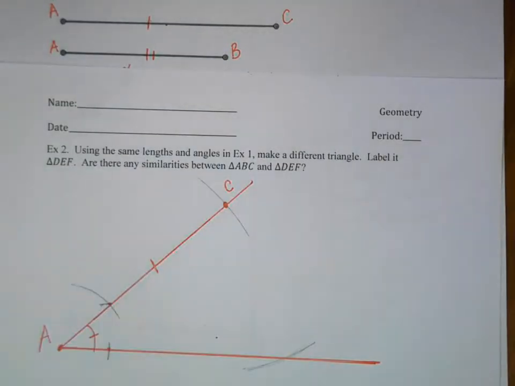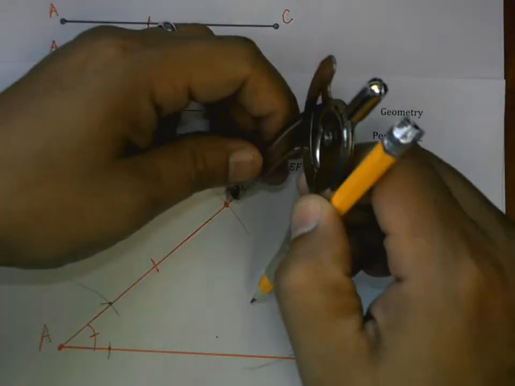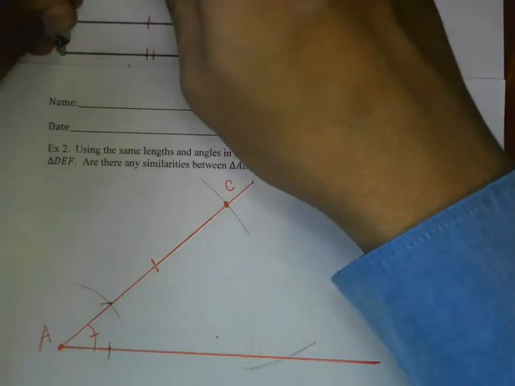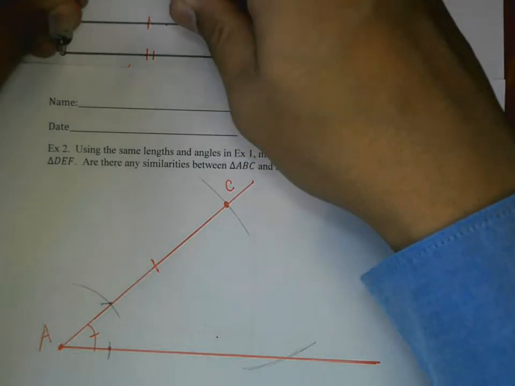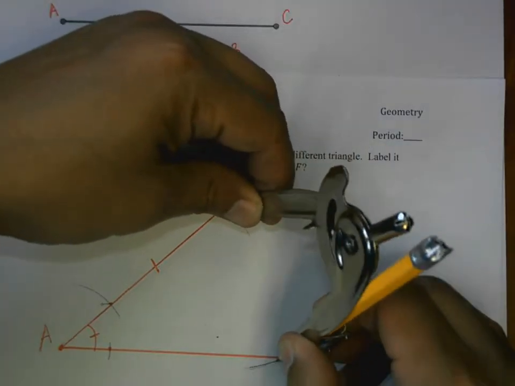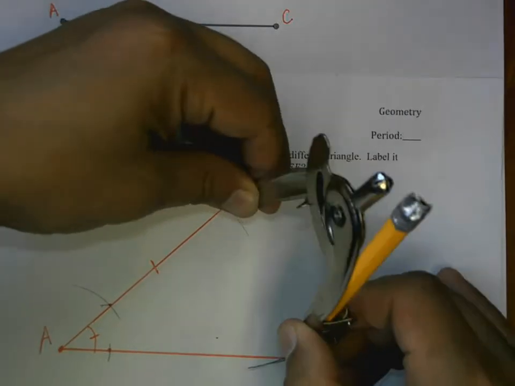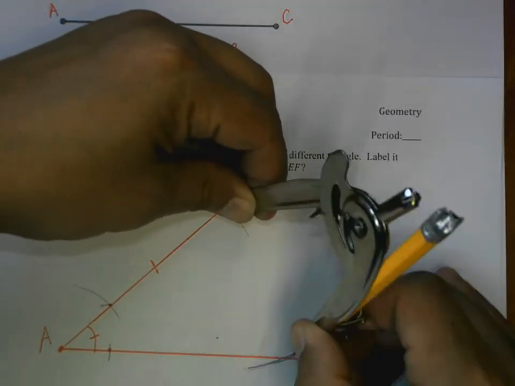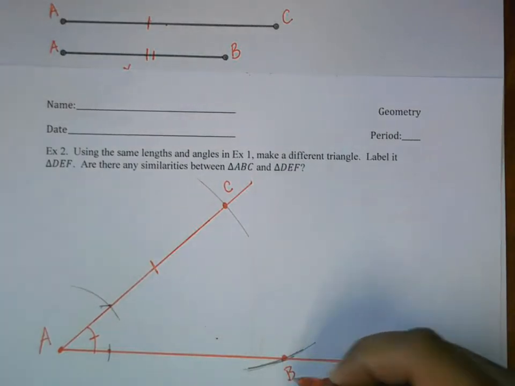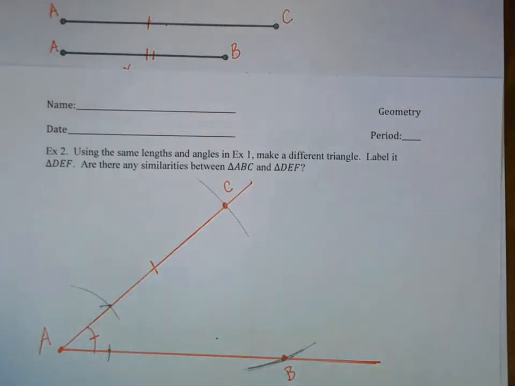Let me do that again with a better compass. Needle on A, measure it to B, and then transfer it over here. And that's the location of point B.